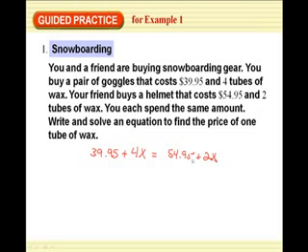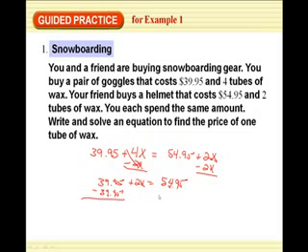Now we just solve. So let's move the x's. I'm going to minus 2x from this side. Minus 2x, so $39.95 plus 2x, because that makes 2x, equals $54.95. Minus $39.95 from this side. And that's going to be a 5.